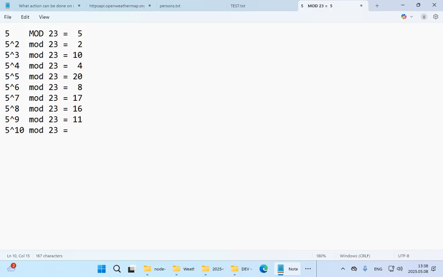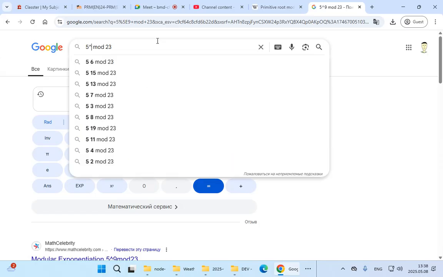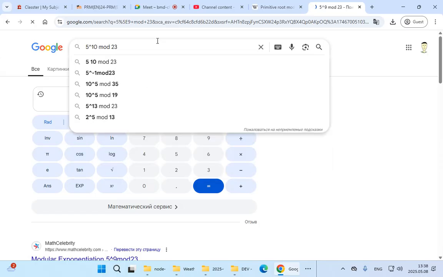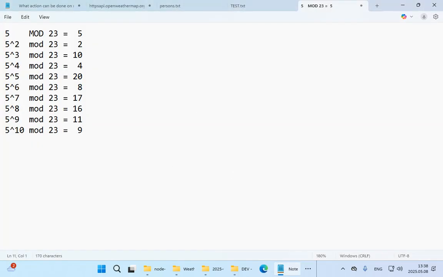Could be 9, yeah. I agree. We can check again. Nine. Good. And the next thing is 5 to the power of 11 mod 23. 22, yeah, because it is this times 2.